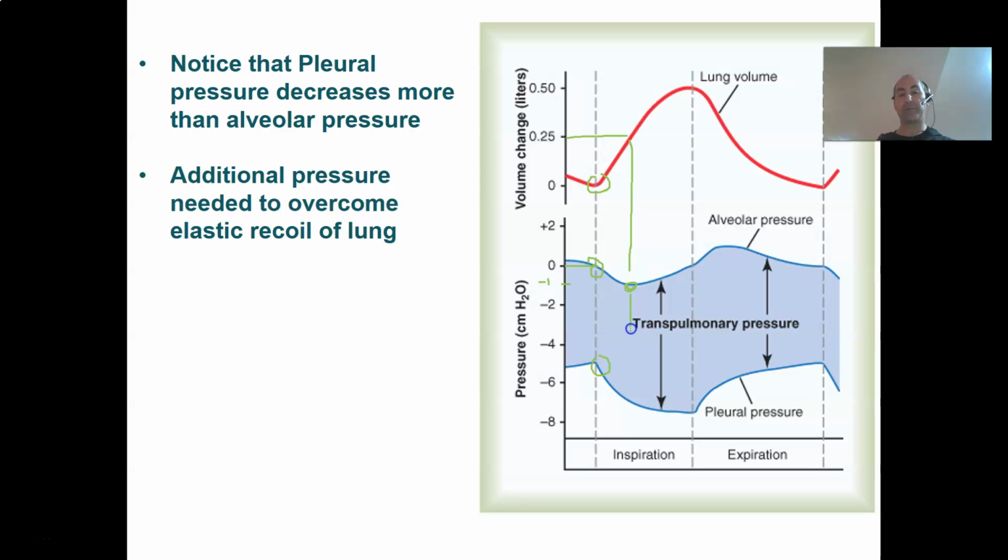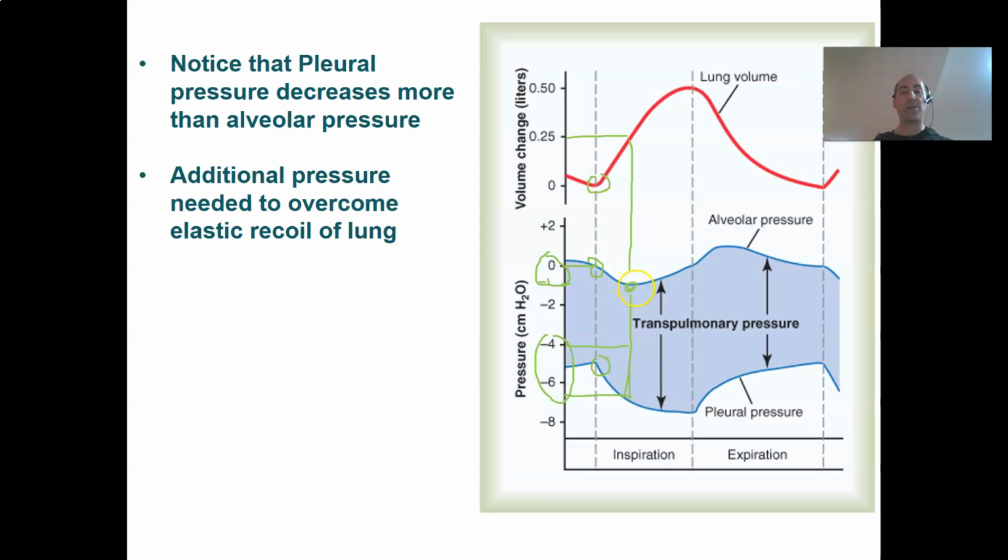Then you take a look by going straight down, what the change has been in pleural pressure. Well, pleural pressure started at -4, right, and is now at about -7. So clearly there's been a 3 centimeter of water drop in pleural pressure, but there's only been a 1 centimeter of water drop in alveolar pressure. Again, you have to overcome the elastic recoil of the lung.